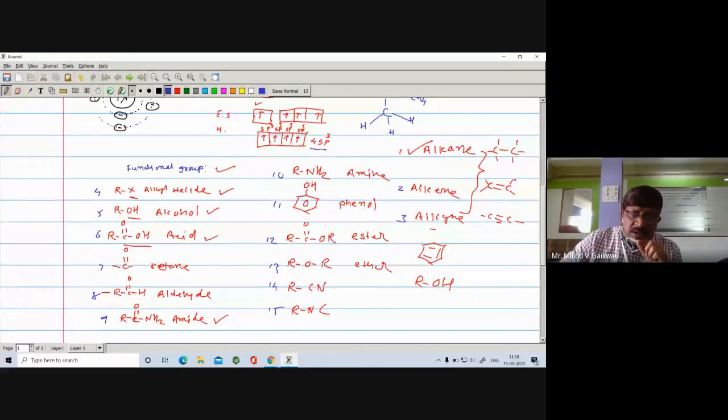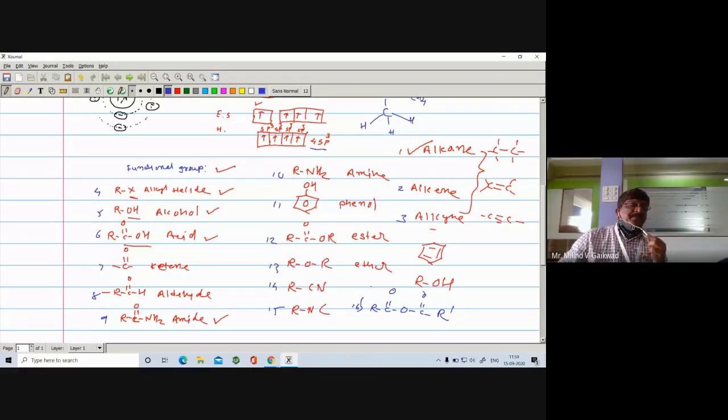Also there are other functional groups, like acid anhydride, RC double bond O, O, C double bond O, R. So there are a number of functional groups, and you should know what they are.